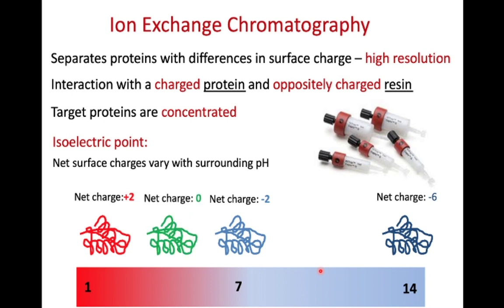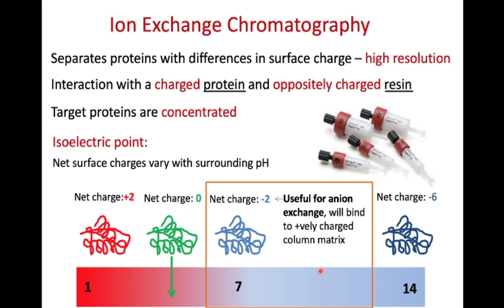In between, we have a net charge of 0, and this is known as the isoelectric point. So it's useful for anion exchange because it will bind to a positively charged column matrix. It's useful to know some information about our protein, in particular the isoelectric point.